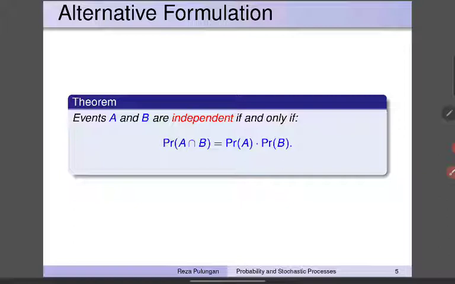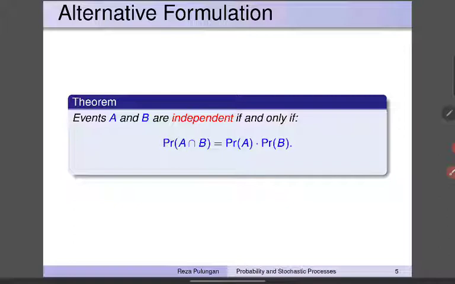It is given by the following theorem. Events A and B are called independent if and only if the probability of A intersection B is equal to the probability of A multiplied by the probability of B.